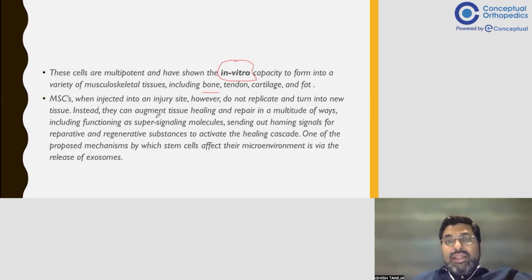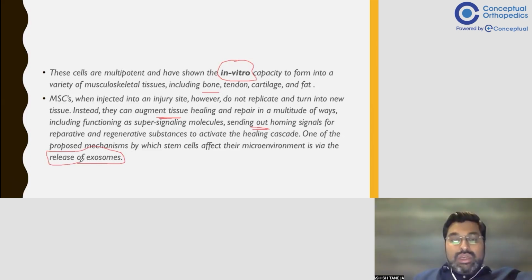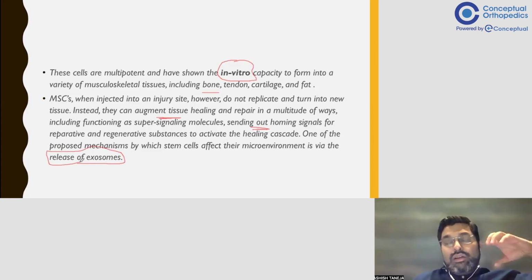However, they help in augmenting tissue healing by sending out different signals and helping convert other cells into the different lineages. They release something called exosomes, which are vesicles filled with local growth factors, which help in regenerating the tissue injury site.